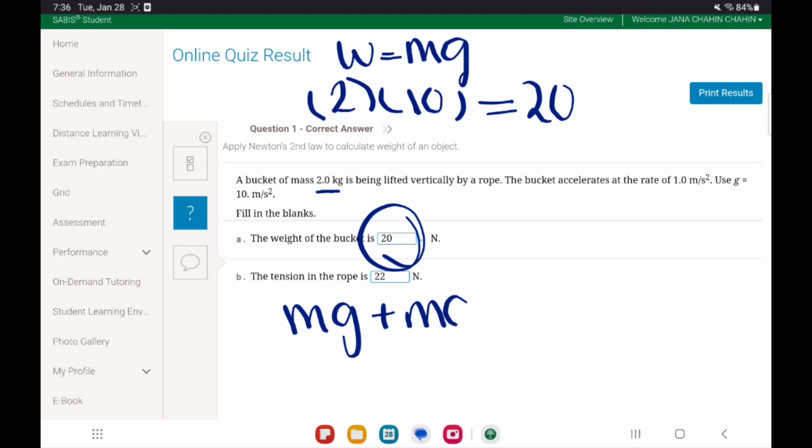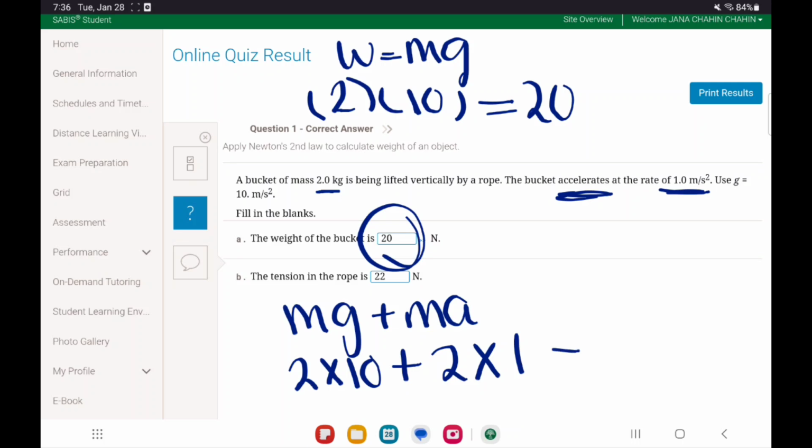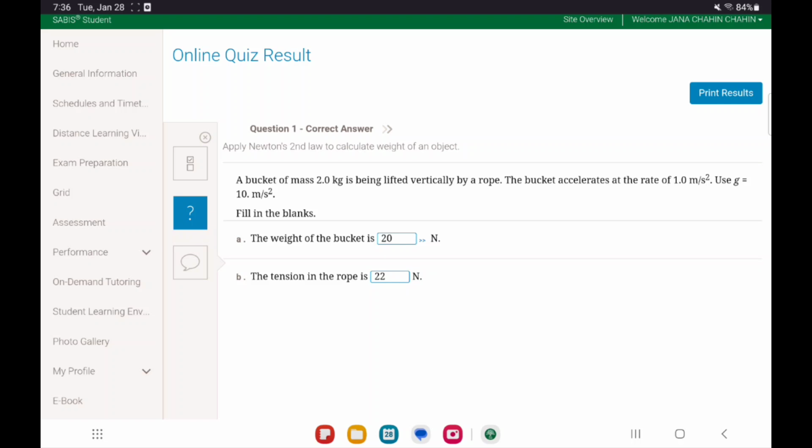I'm so sorry if I confused you. So it's weight plus force. So the weight is 2 times 10, which is 20. We already found it, but let's just simplify things. Plus ma, which is 2, and the acceleration, they told us accelerates at 1 meter per second squared, so it's 1. So 2 times 10 is 20. 2 times 1 is 2. So 20 plus 2 is 22. And that's that one.